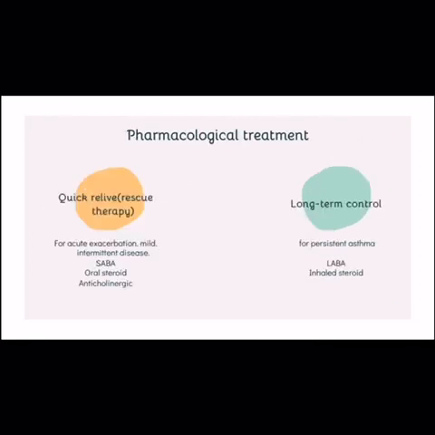Here are some pharmacological agents used for an asthma attack. We have quick relief rescue therapy for acute exacerbation and mild intermittent disease: the short-acting beta agonist, oral steroid, and anticholinergic. For the long-term controller medications, we have them for persistent asthma: the long-acting beta agonist and inhaled steroid.